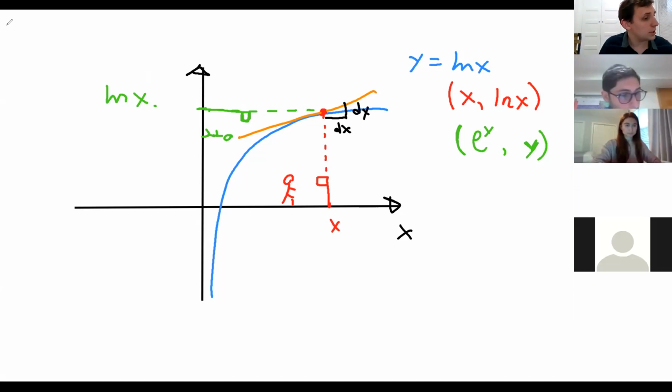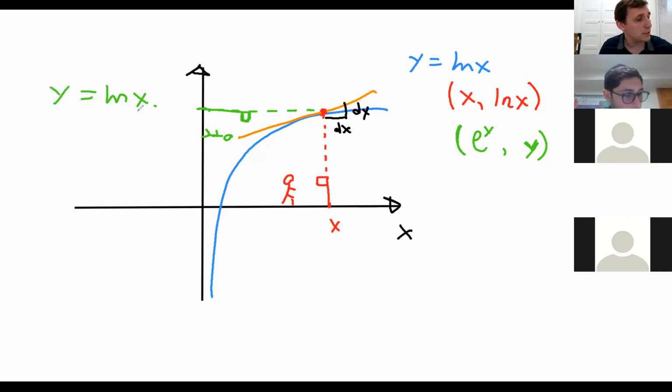So astronaut green sees the following. He reports the slope at the same point. For him, this is the point y. The guy wants to report the slope at x; for him, the corresponding point is ln x.